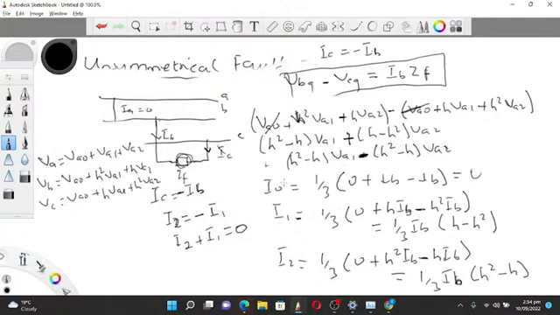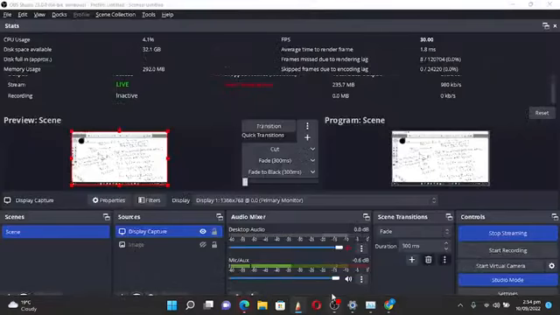Okay, so this should be equal to our IB ZF. So what would be the expression for IB? We know that if I wrote this, let's hold on.